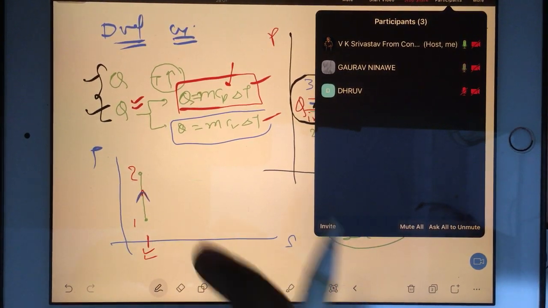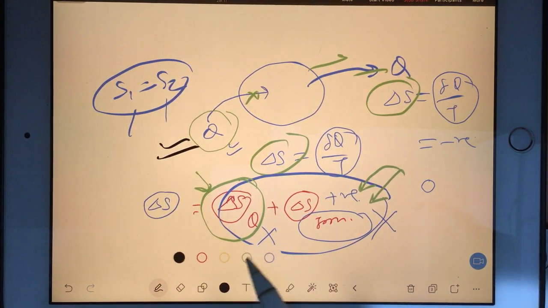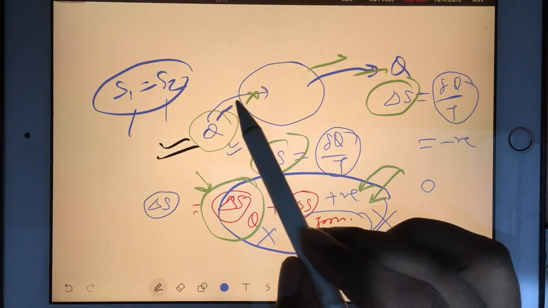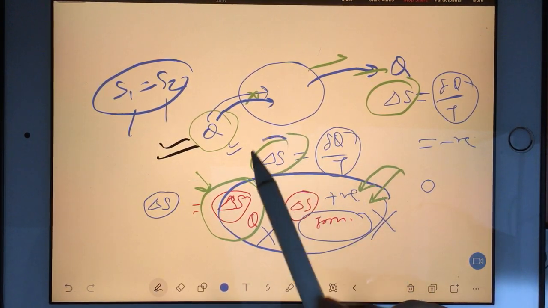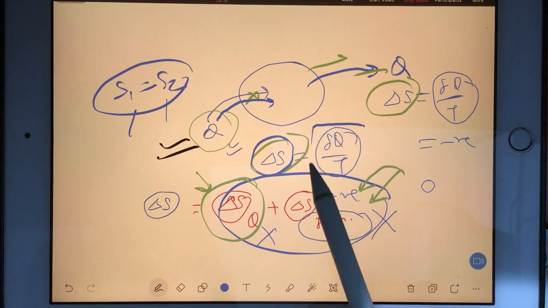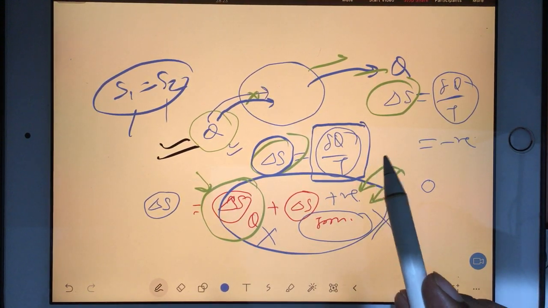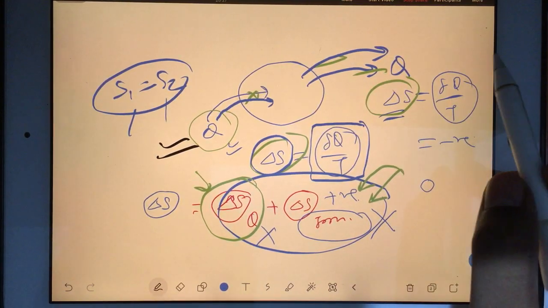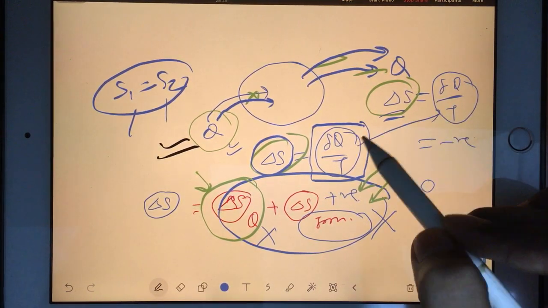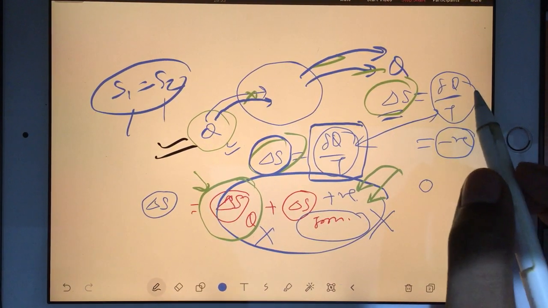Not confident? See, actually, here you come to this point. Whenever we supply heat in the system, entropy increases, and that amount we can find out by using this formula, Q by T. How much entropy is increasing? Same way, when heat comes out, your entropy will decrease, and the amount we can find out by using the same formula, but the answer will come negative because entropy is decreasing.